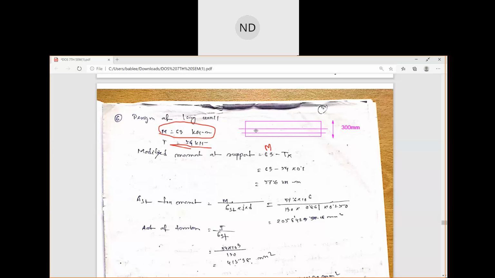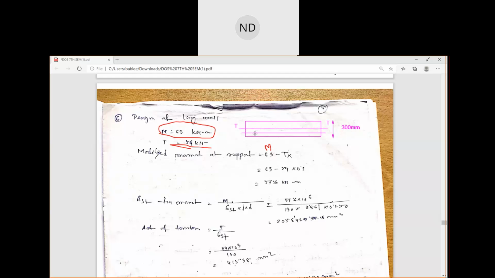This is your tension. This distance from the center to the reinforcements is your x distance.